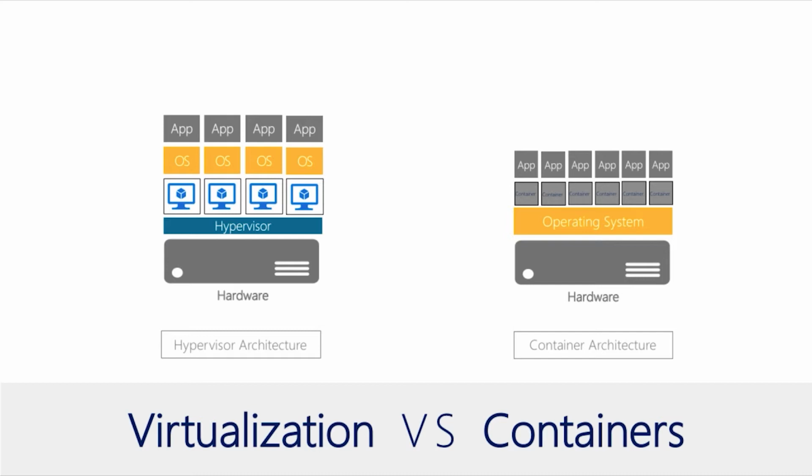So you can run more containers on a physical machine compared to running multiple VMs on a hypervisor. But more importantly, I only have to deal with one operating system, which means there's less management overhead. I only have to monitor, patch, secure, update, and manage one operating system versus multiple operating systems.